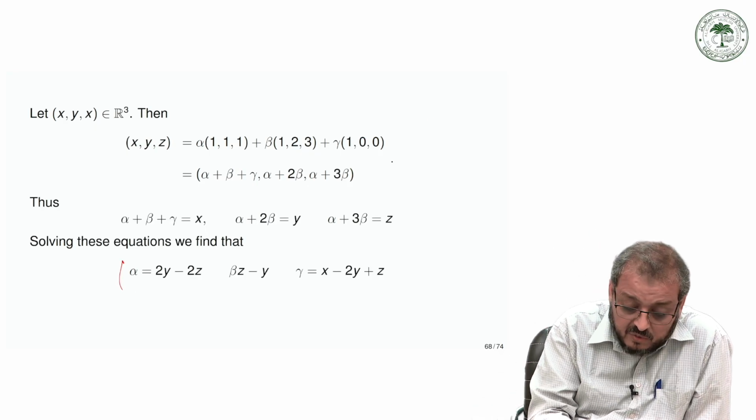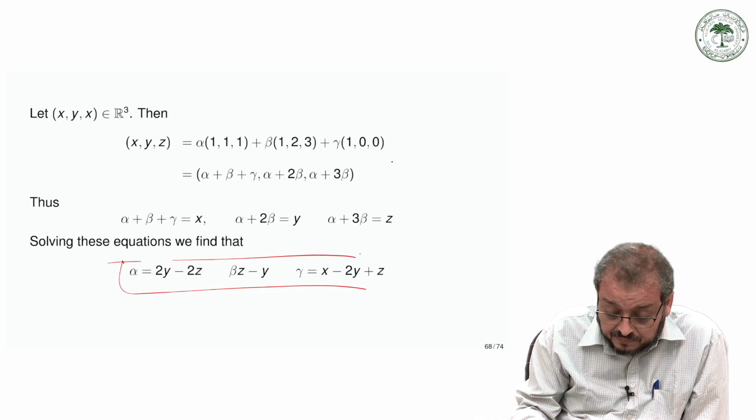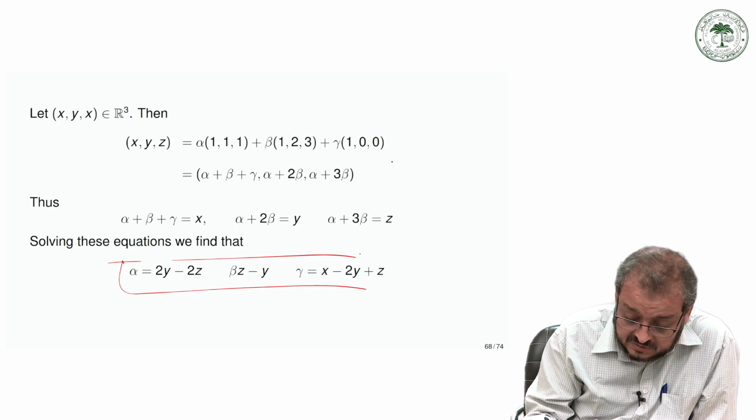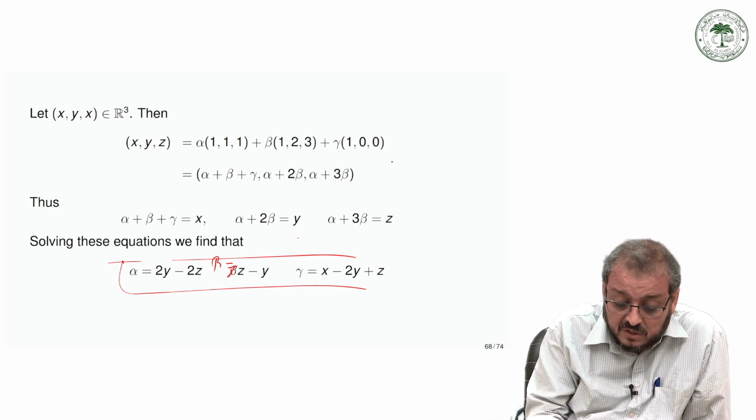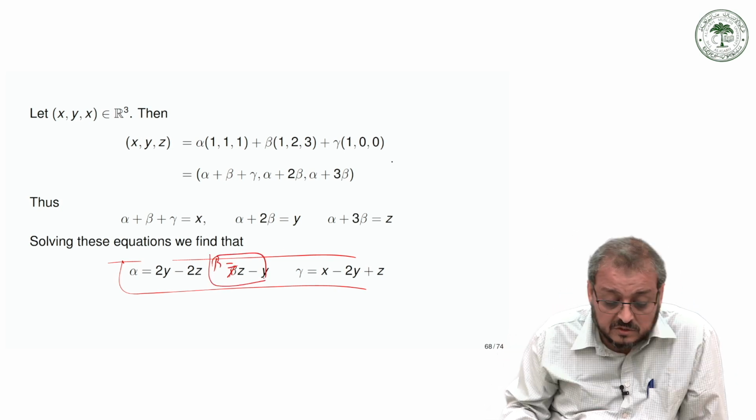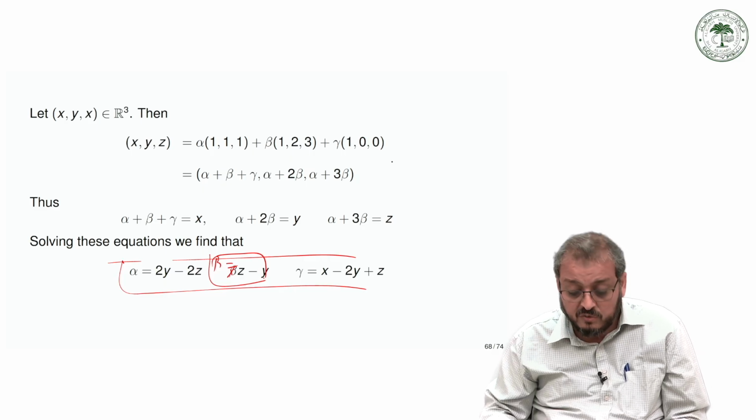I already explained you. This is a mistake here. So here beta is equal to z minus y. So beta is equal to z minus y. So this means solving this equation we find it in this form.